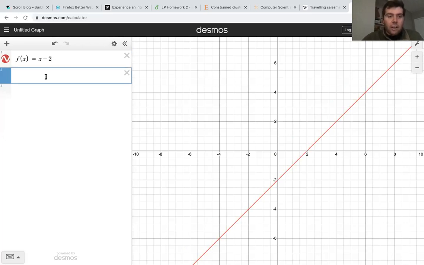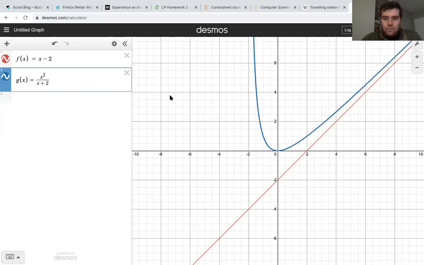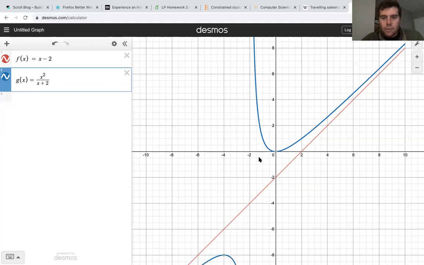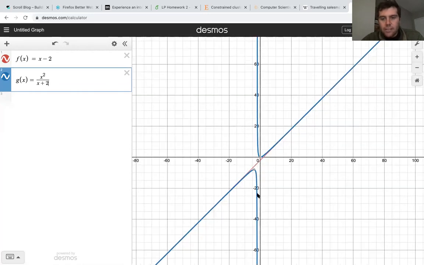And then we'll graph the function we were working with, which is x squared divided by x plus 2. All right. So on here, we can already see the vertical asymptote, but it's not a clear picture. But as we zoom out even further, we can see we're getting this behavior.